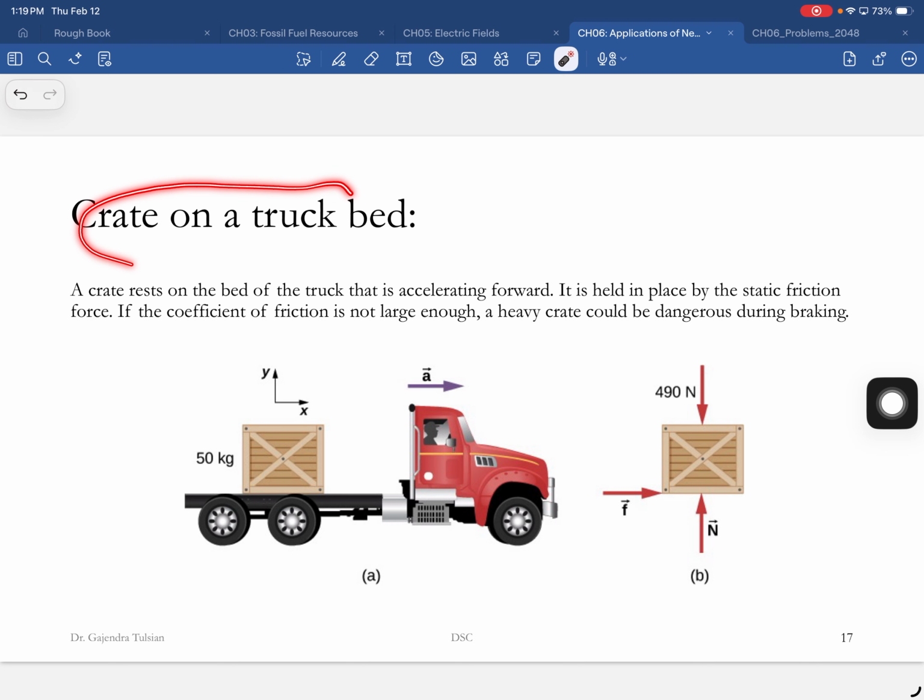All right, so here's a crate on a truck bed, when the truck is accelerating, okay, so I'm going to loosely talk about this. The truck is being accelerated by the engine, okay, but what is really happening is the engine is spinning the wheel, the wheel is not slipping, and the static friction force is what's accelerating the truck.